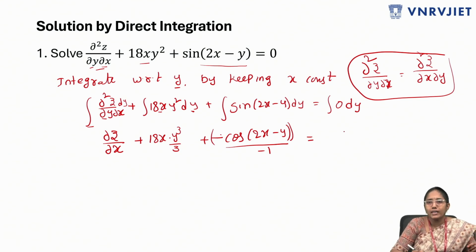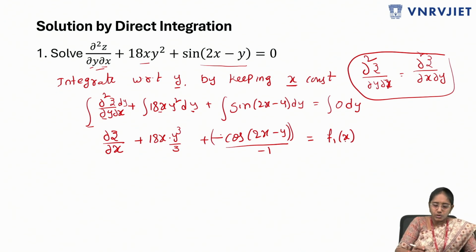In general we add an integrating constant c, but here we add the integrating constant as a function of the constant variable. Here we take x as a constant, so we take f1 of x as the integrating constant. Because x is constant, a function of x is also a constant. That's why we add f1 of x in place of an arbitrary constant, which is nothing but an arbitrary function.